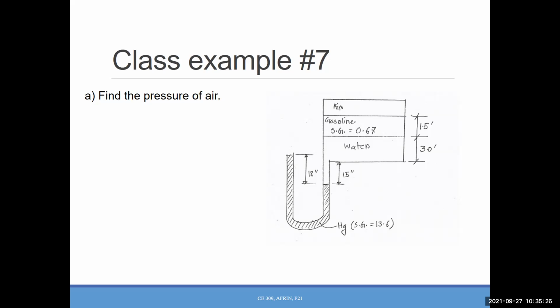Here, though you are seeing a single line, this one is actually open to atmosphere. Most of the time it will be given to you whether it's open or closed. Now, they are saying find the pressure of air.